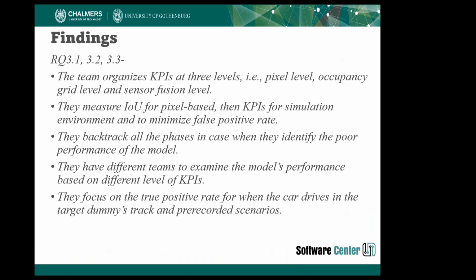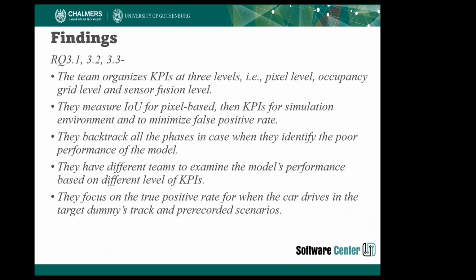If any poor performance is coming from any of the phases, they backtrack to that phase and reevaluate. They try to fix the bug or retrain the model so that they can achieve optimal results.